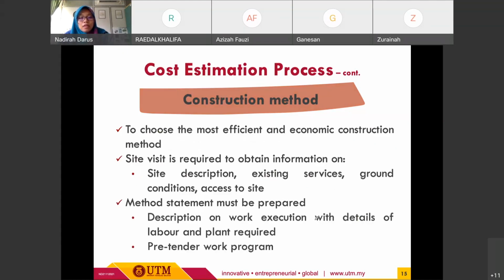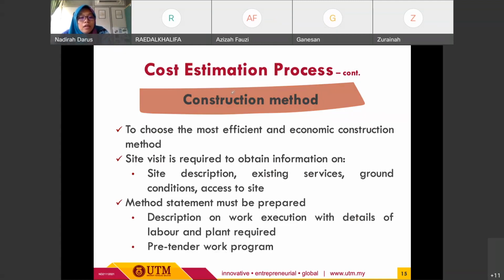Okay, the next one, we have the preparation, or what we call the planning, for the construction method. This one is actually related to the method of work, how the contractor or the subcontractor wants to execute or construct the work.